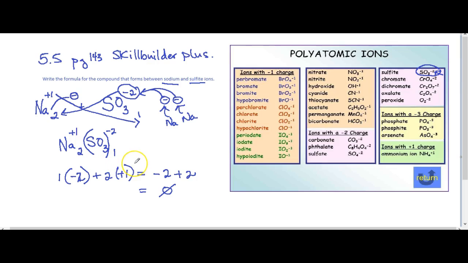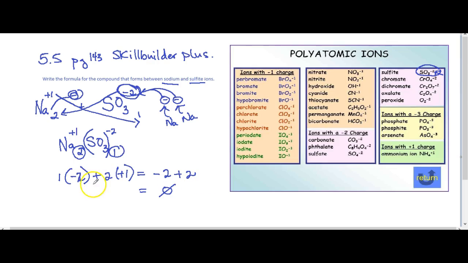So again, when you are finding the formula for a compound, step 1 is figuring out what the charges are on each ion. Step 2 is visualizing the 2 elements or ions coming together and balancing out their charges, then using the crossover method to get your subscripts.